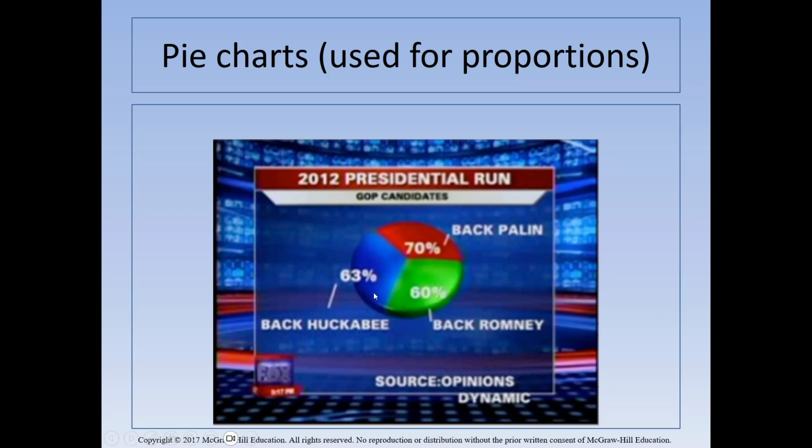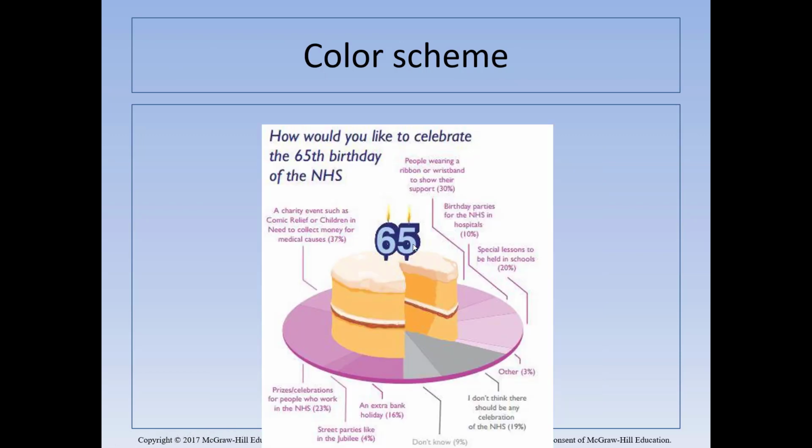So 63% of people approved of Huckabee, 70% Palin, and 60% Romney. The problem is pie charts are designed as proportions that should add up to 1 or 100%. And here, this graph makes absolutely no sense because rather than being the proportions of a pie where we're splitting up 100%, the graph total adds up to nearly 200%.